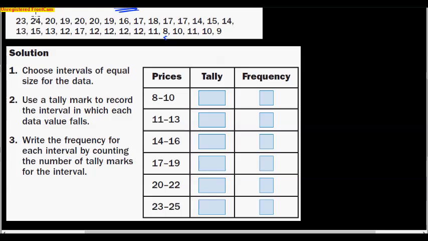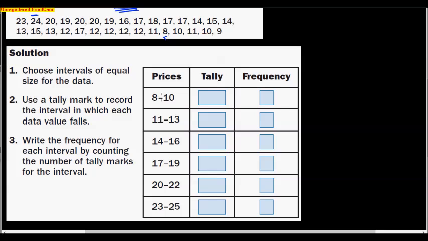Well, 24 was the highest, right here. And we said, well, if you're going from 8 to 24, we're going to go every $3. So 8, 9, and 10 is going to be in here. 11, 12, and 13 is going to be in here. So that's the first thing when you make a histogram or a frequency chart: you want to come up with your interval.